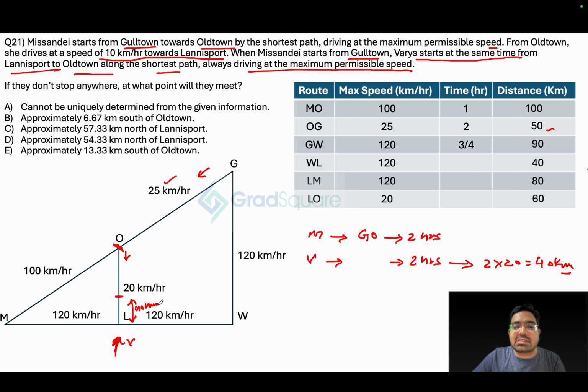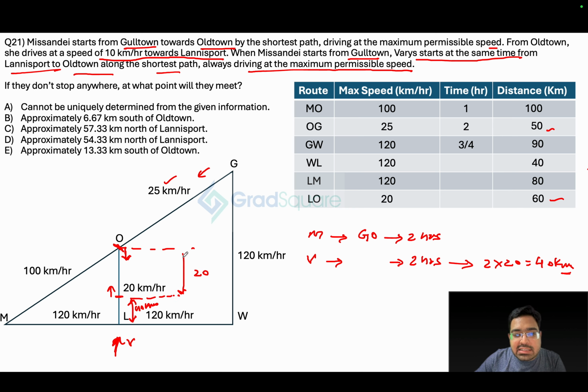Now both of them start traveling towards each other, one traveling at a speed of 20 kilometers per hour and another traveling at a speed of 10 kilometers per hour. This leftover distance can be figured out because the total distance of OL was 60. So this leftover distance from the point O to this particular point over here is going to be 20 kilometers, correct?